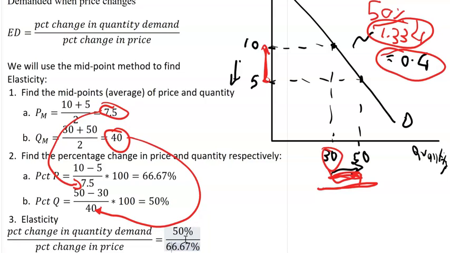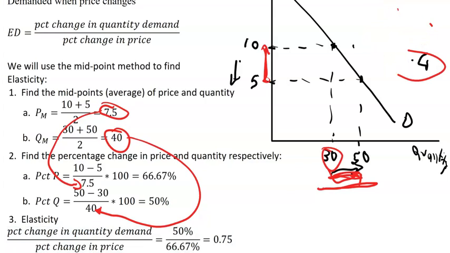And so we get the answer to be around 0.75. So instead of having confusion as to what the elasticity is, whether it's a price increase or a decrease, we will say the elasticity of demand is 0.75 between these two prices.